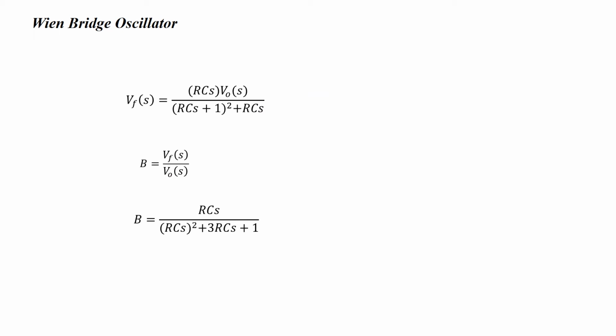Now put the values of Zp(s) and Zs(s) in the above equation. We get VF(s) is equal to RCs into V0(s) over (RCs plus 1) square plus RCs. From here we can calculate B as VF(s) over V0(s), and we can write B is equal to RCs over (RC)^2 s square plus 3 RCs plus 1.